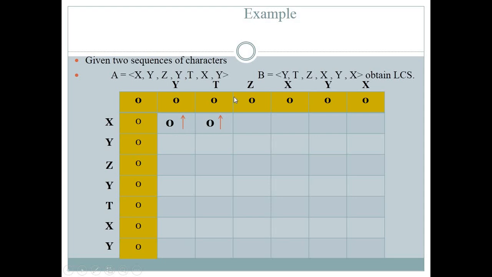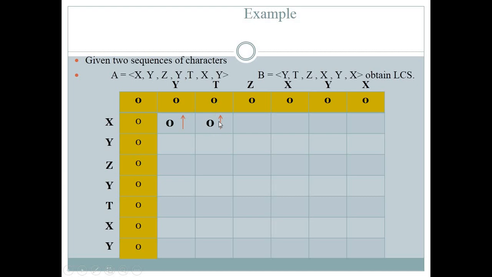Okay, so for X and T, they are also not matching. So here again we will proceed with the same procedure. We will take its above value and its left hand side value. Both are 0, so again we will take reference from the above value which is 0.